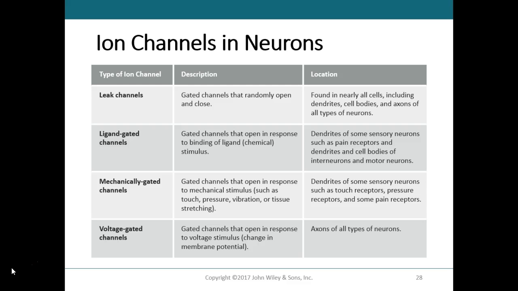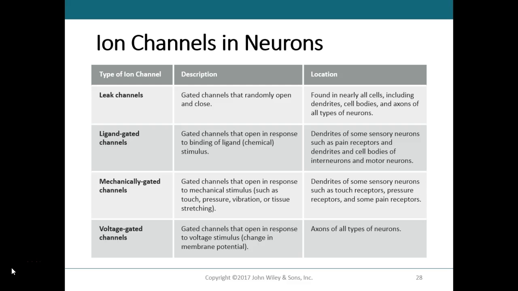Mechanically gated are gates that respond to a change in the shape of something. So they respond to a mechanical stimulus such as pressure or touch or vibration, or when tissues are stretching, and your voltage gated will open in response to a change in that membrane potential.